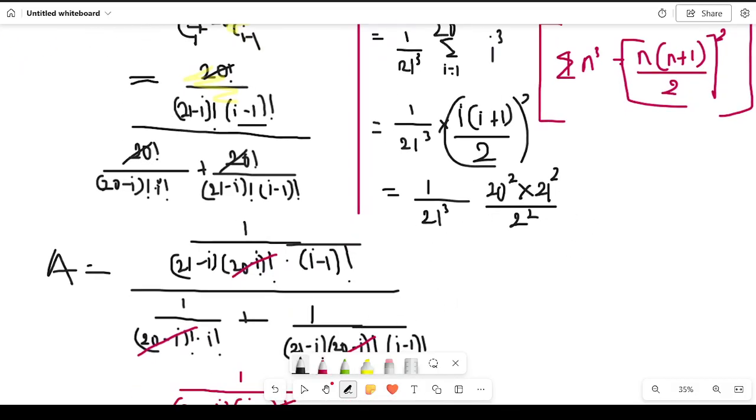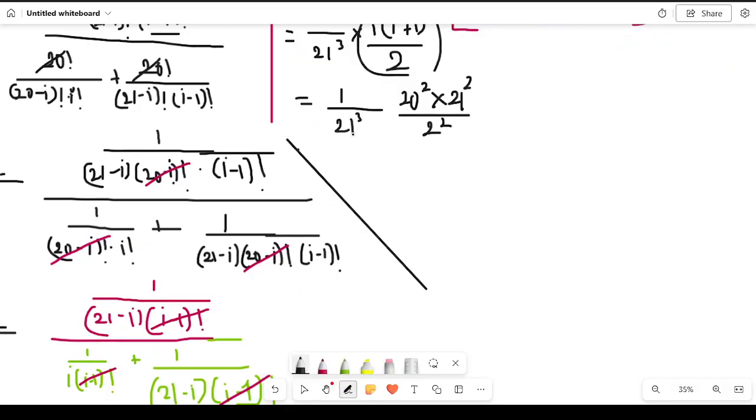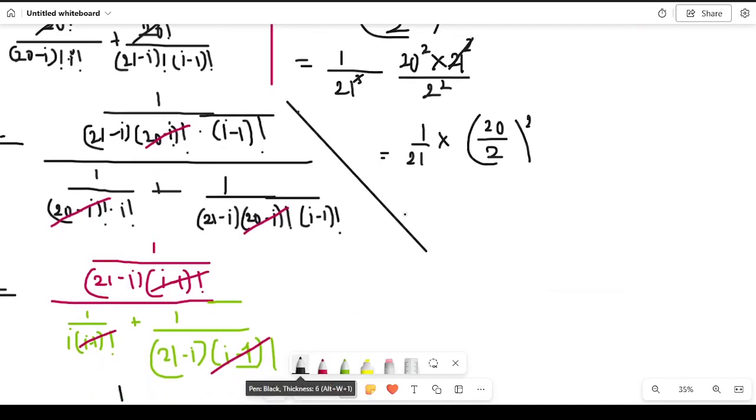Now this 21 cube and this 21 square, one factor cancels, and 20 square is 400. So this is 1 upon 21 times (20 by 2) whole square. 20 by 2 is 10, and 10 square is 100, so it is 100 upon 21.